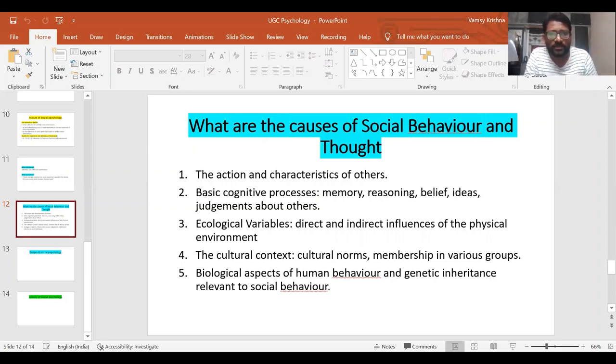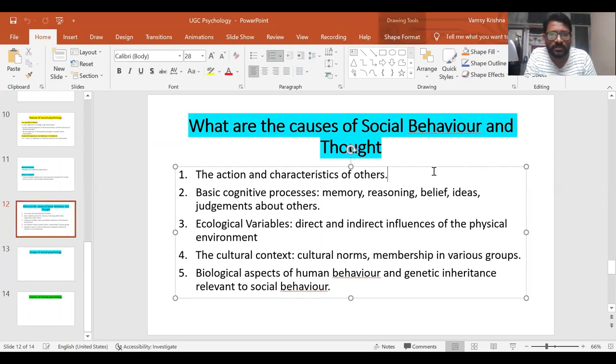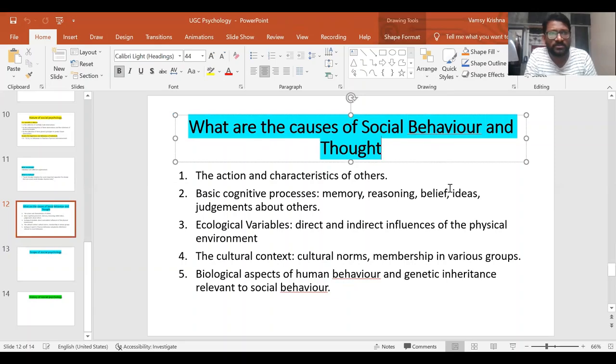Let's see what exactly the theory suggests: the actions and characteristics of others, and the basic cognitive processes like memory, reasoning, belief, ideas, and judgment about others are what cause social behavior and thought. Then ecological variables, which can be direct or indirect influences of the physical environment, like heat and other seasons, which can have an effect on people.